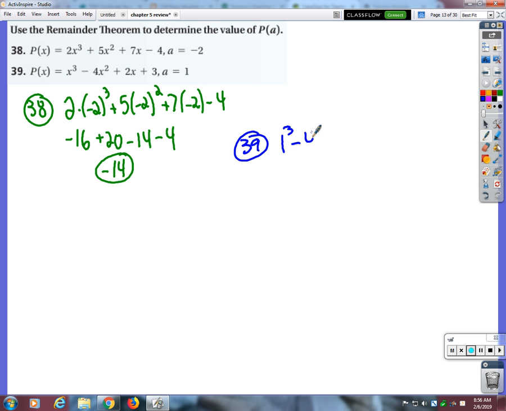So 1 cubed minus 4 times 1 squared plus 2 times 1 plus 3. So I just took all the x's and replaced them with 1's. So 1 minus 4 plus 2 plus 3 is 2. Okay? How are we doing so far?